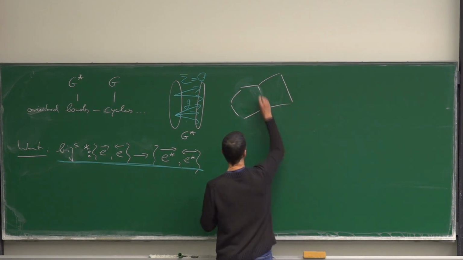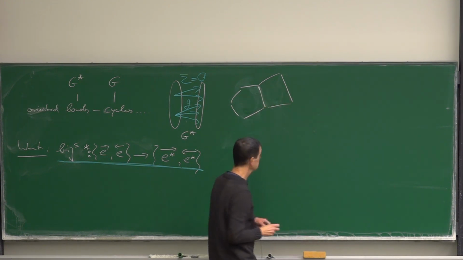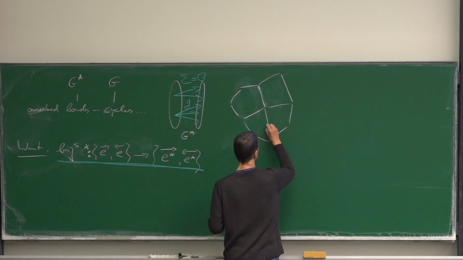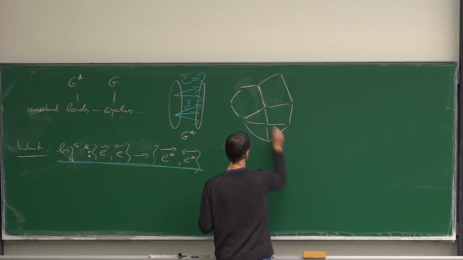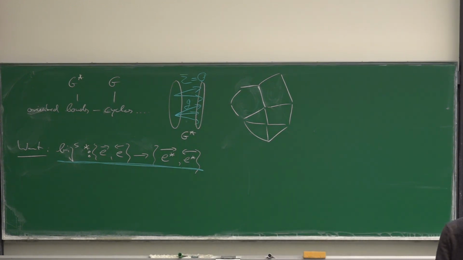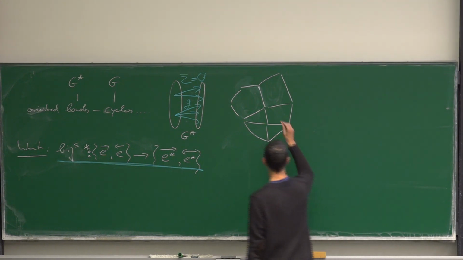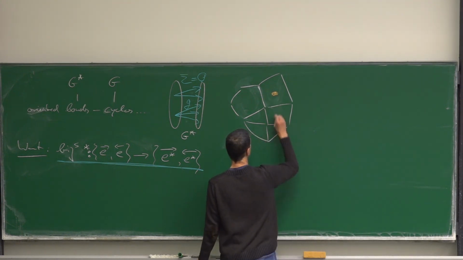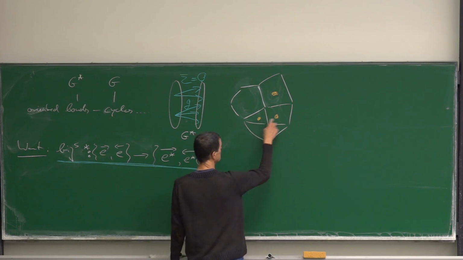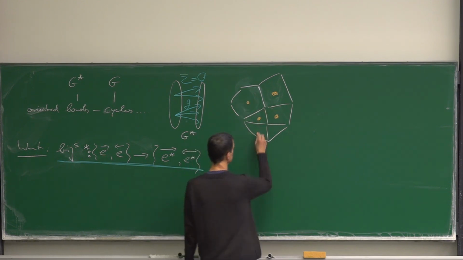not quite so rigorous way, just so that you have some idea. Remember the dual graph we had in the plane. Now put a node or a vertex of the dual graph in every face.